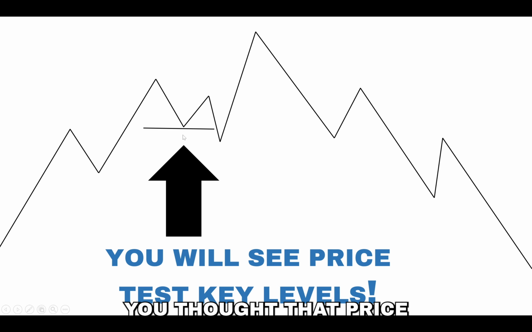You thought that price would keep going higher. You place your stop in a certain area, and then price creates a grab of liquidity right here, and then keeps on moving higher. So you will see price test these key areas on either trying to move higher towards more liquidity or trying to fill in another imbalance inside of the market.